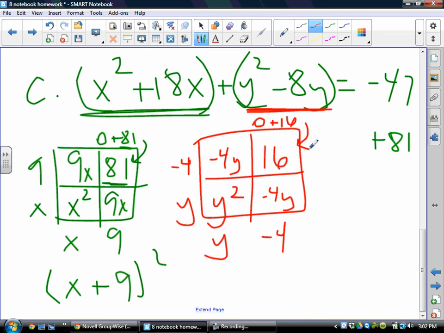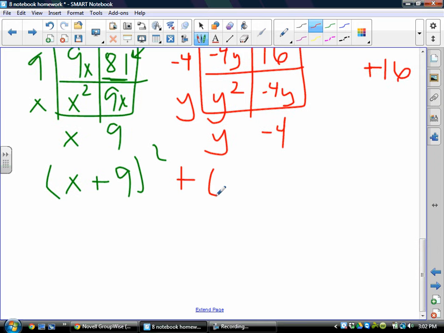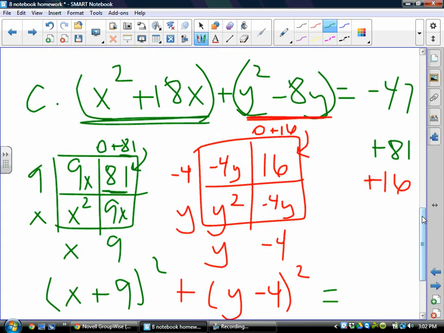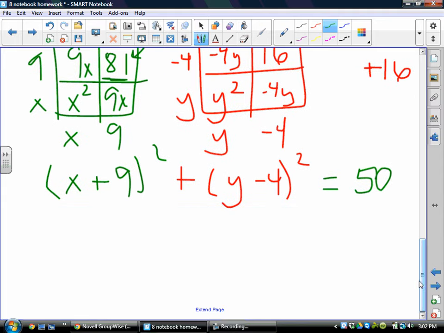Now it's a perfect square, and I need to add 16 on this side. So now I have a perfect square of y's as well. (y minus 4) squared equals all this stuff over here: negative 47 plus 81 plus 16 is going to equal 50. Okay, so here's my equation.